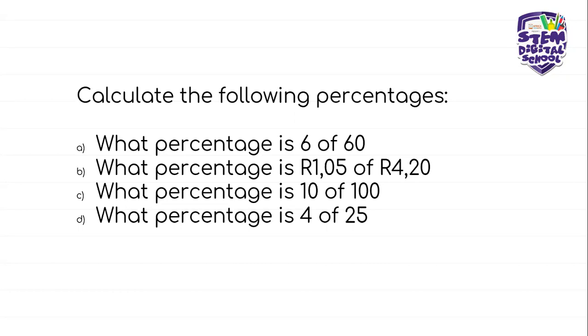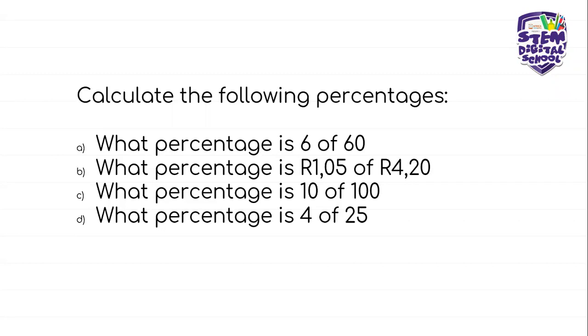I fully agree with you, Cesar, because 1 rand and 5 cents of 4 rands and 20 cents will definitely be 25%, because the 1 rand of 4 rand is 25%. In fact, the 1 rand is 25% of 4 rands. And then the 5 cents is 25% of the 20 cents.